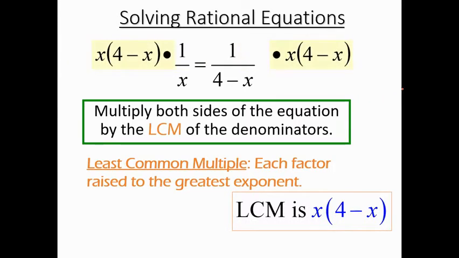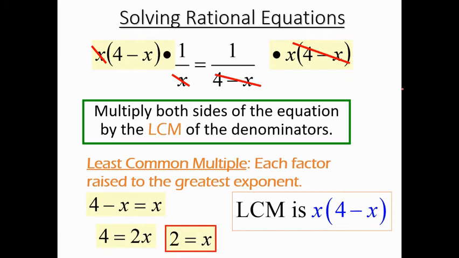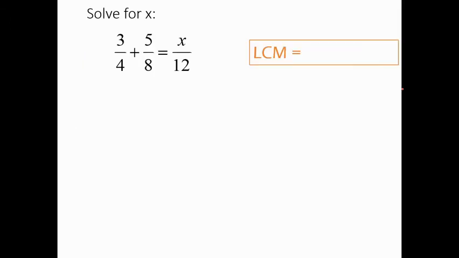We are going to multiply both sides of the equation by this, and then we cancel whatever's in the denominator with whatever's in the numerator, and this gives us just our simple equation. 4 minus x is equal to x. 4 is equal to 2x, which means x is equal to 2. If you plug that back in, you get 4 minus 2 for your denominator, which makes a denominator of 2. So it's good. There's no 0 there. You would just have 1/2.